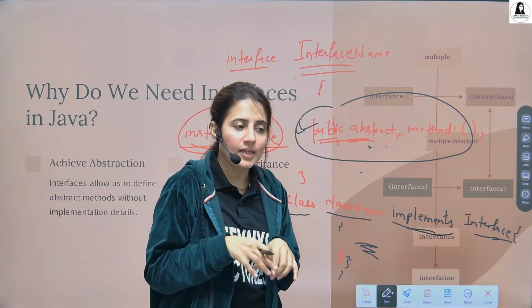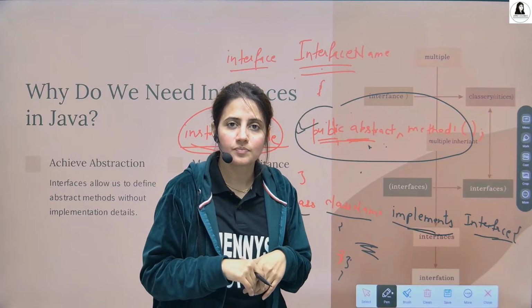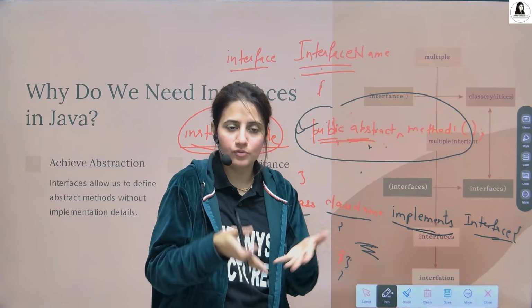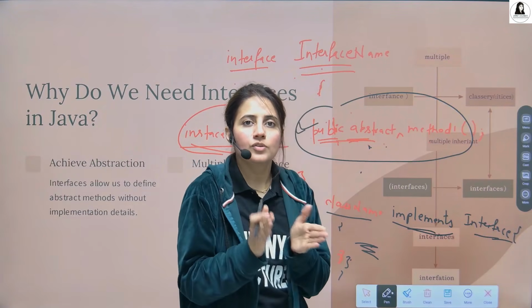Because that class must implement the abstract method, so that abstract method would be of the class. That's why the diamond problem cannot exist with interfaces.